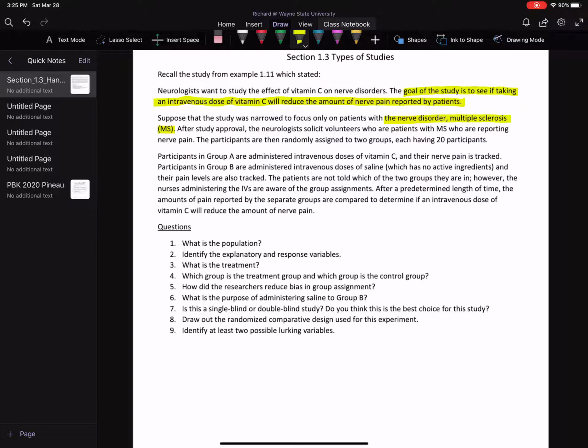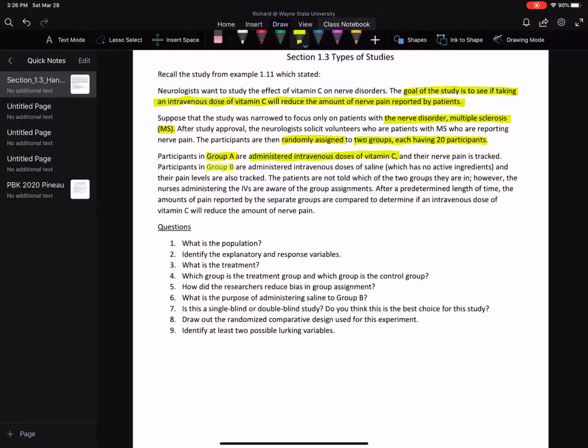So after the approval, the neurologists solicit volunteers who are patients with MS who are reporting nerve pain. The patients are then randomly assigned to 2 groups, each having 20 participants, and they're using random assignment there. Participants in Group A are given the intravenous dose of vitamin C and nerve pain is tracked.